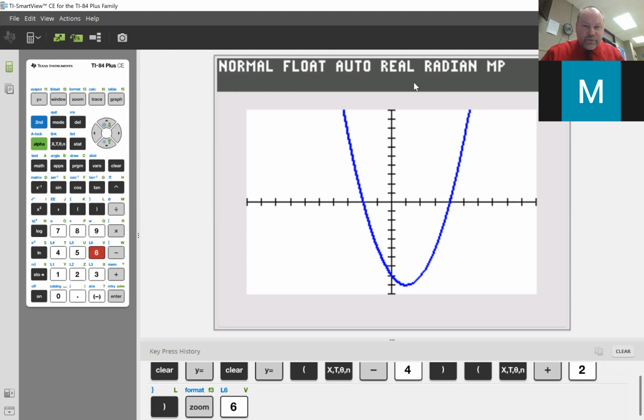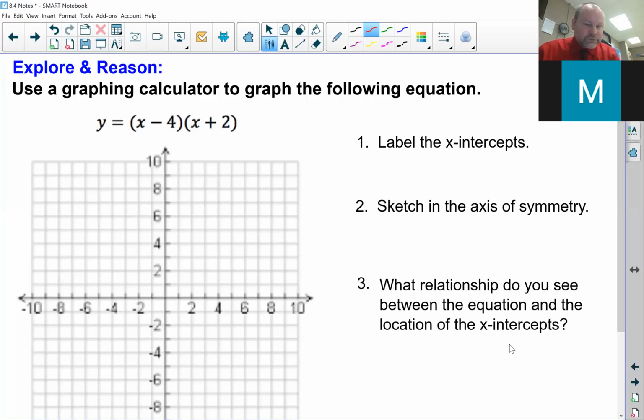So let's go and put that into our packet. There we go. I'm going to put them in here as well.